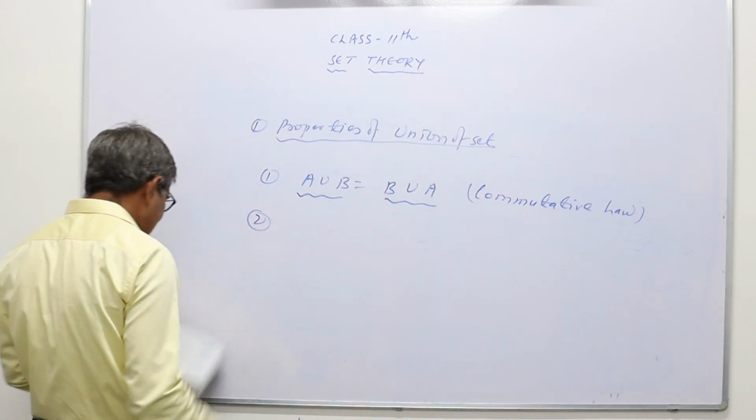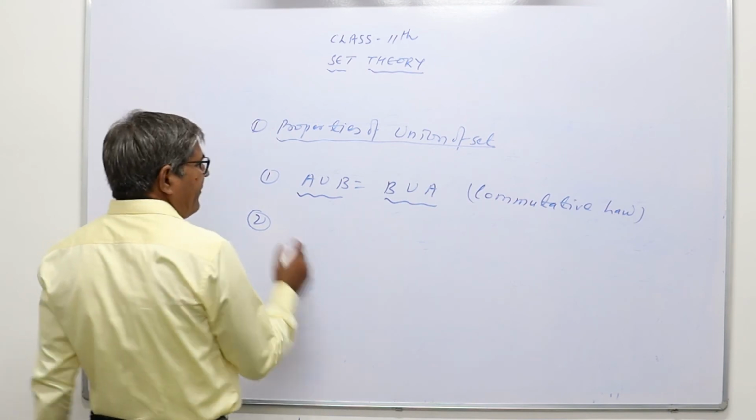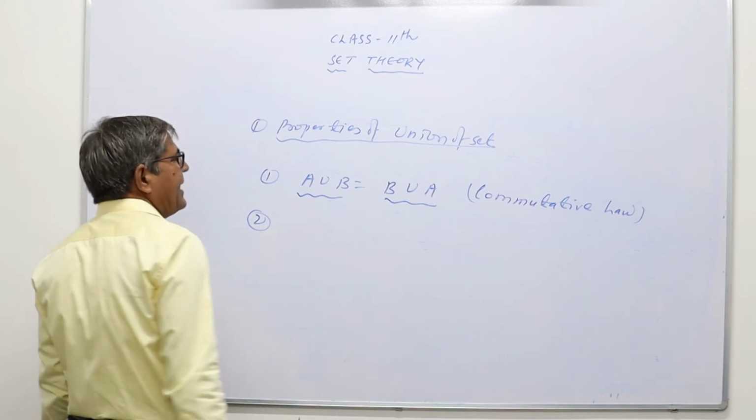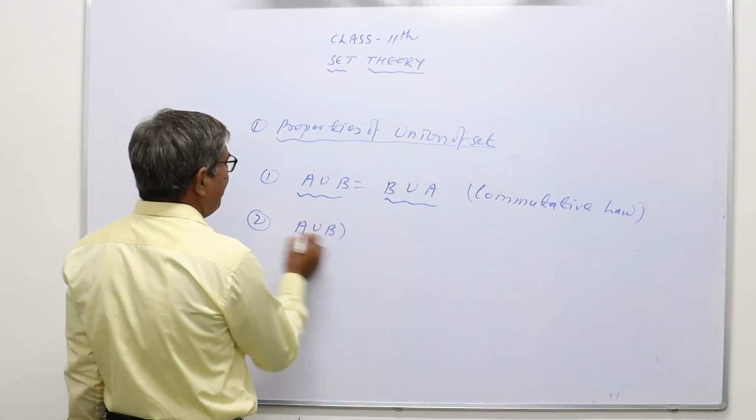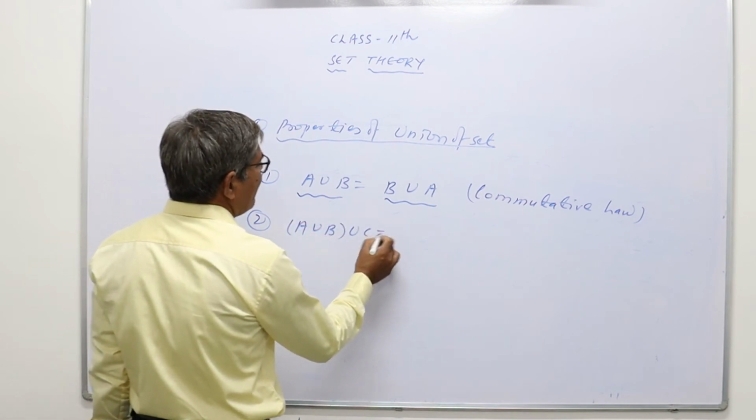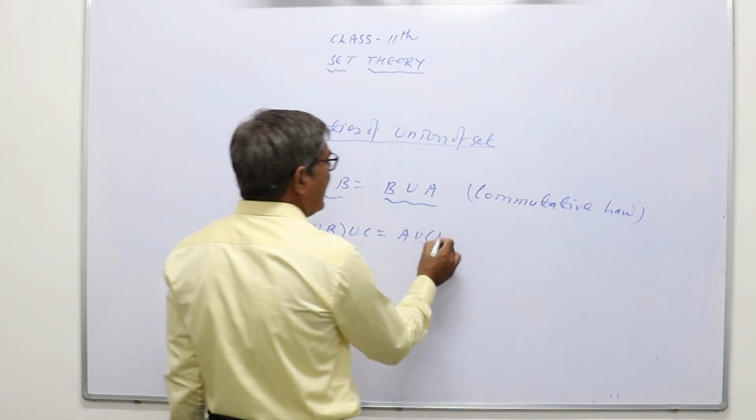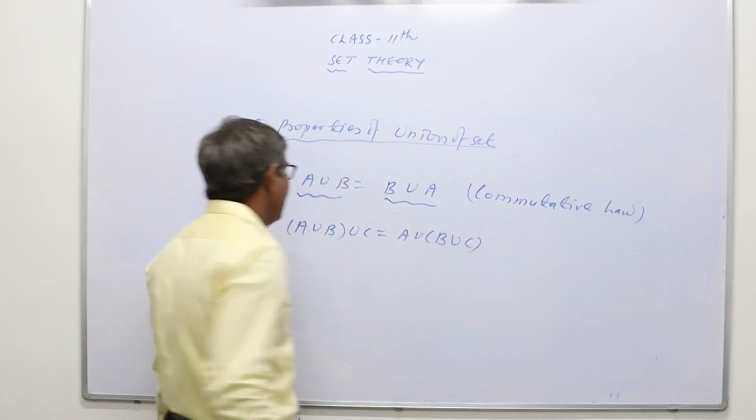Second property: if we have three given sets A, B, C, then (A union B) union C will be equal to A union (B union C).